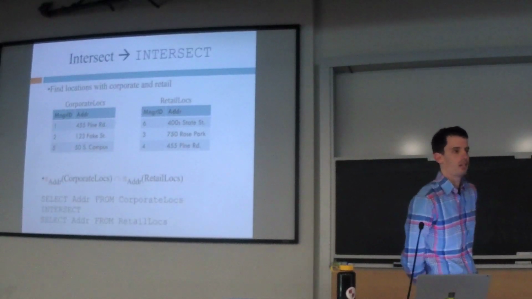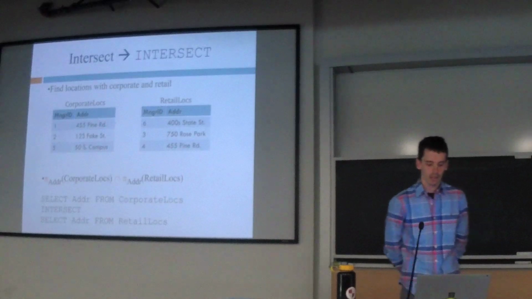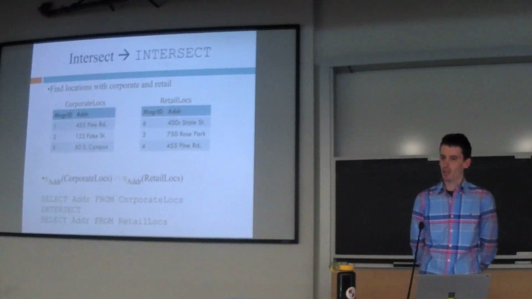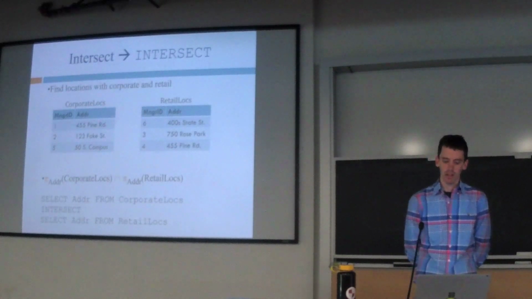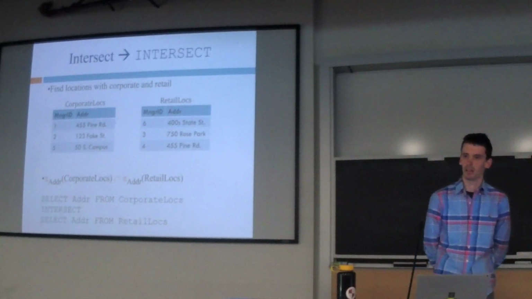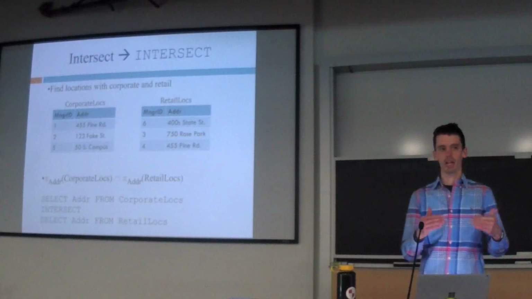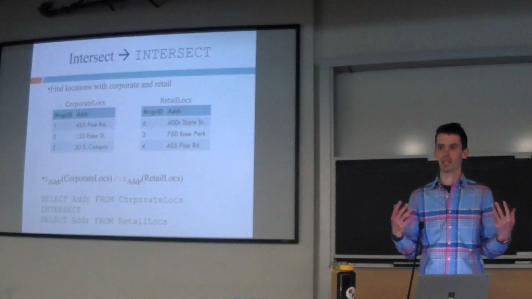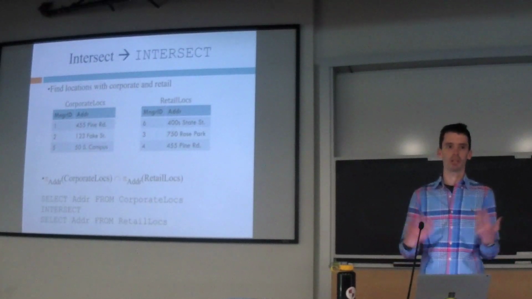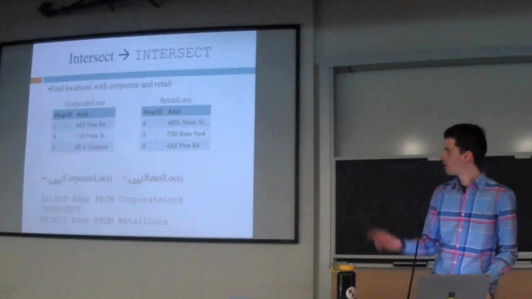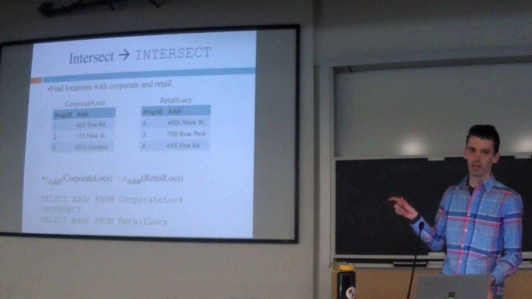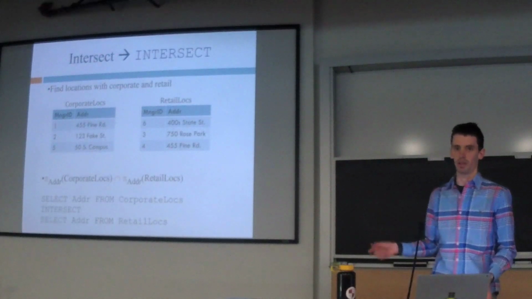Okay, what about intersect? So kind of the same thing. The relational algebra has to be a little different here. What we want is locations with corporate and retail. We can't just intersect the full relations because the manager IDs are always unique and the intersection would be empty. They are compatible, but it's not going to give us the answer we want. So we project out address, intersect, project out address with the other one.